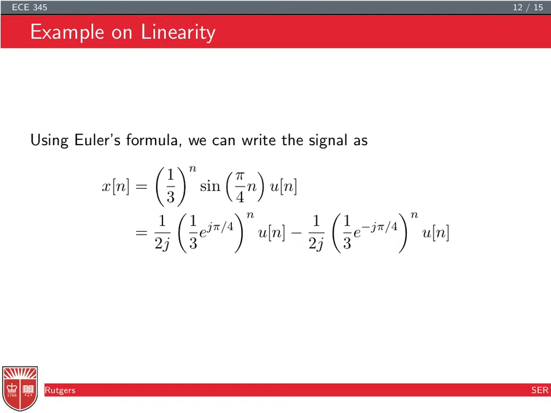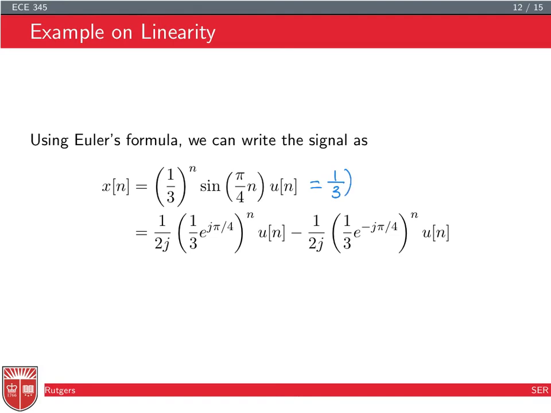So this is going to be equal to 1 over 2j times (1/3 e to the j pi over 4) to the n u of n, minus 1 over 2j times (1/3 e to the minus j pi over 4) to the n u of n. If you're a little bit confused, let me show it in more detail. I replaced sine by the formula that follows from Euler's formula.